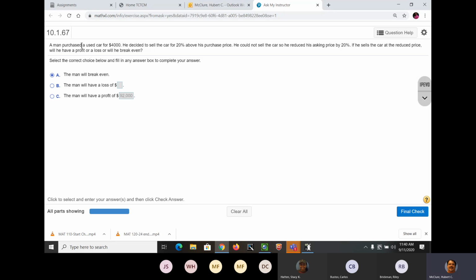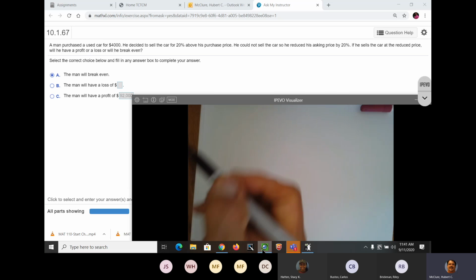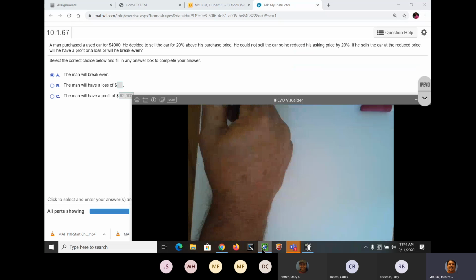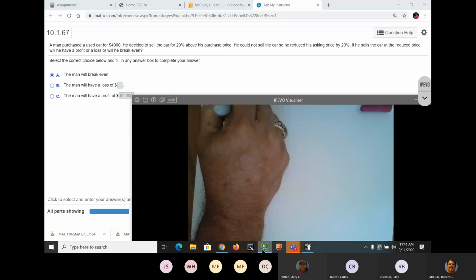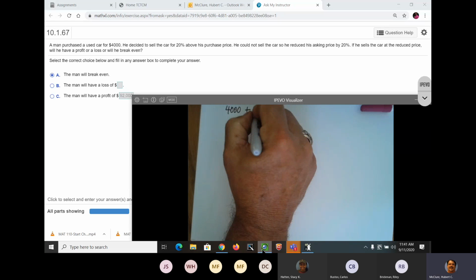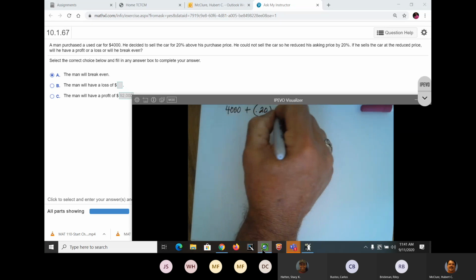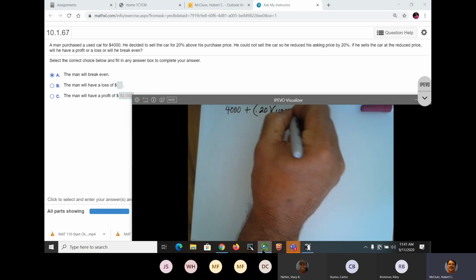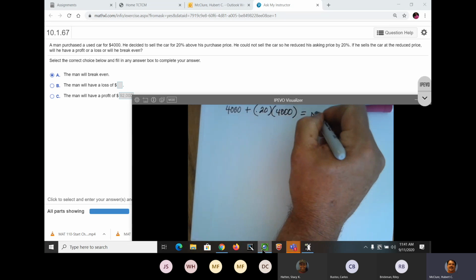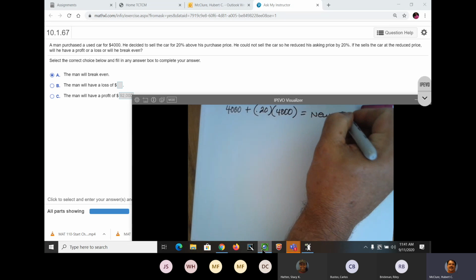A man purchased a used car for $4,000. He decided to sell the car for 20% above the purchase price. So that would be $4,000 plus 0.20 times 4,000 is equal to our new total.